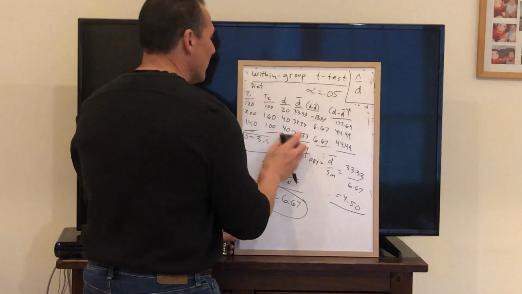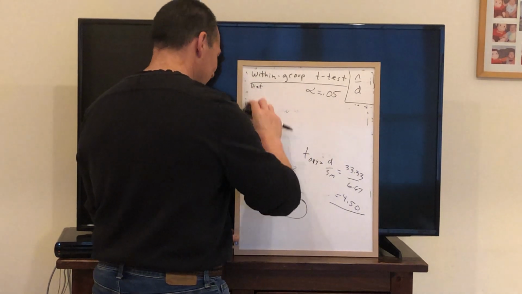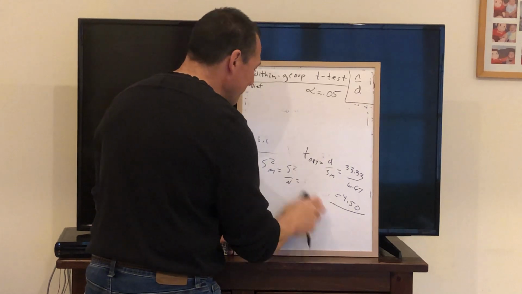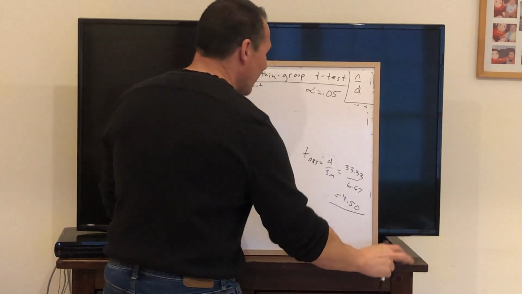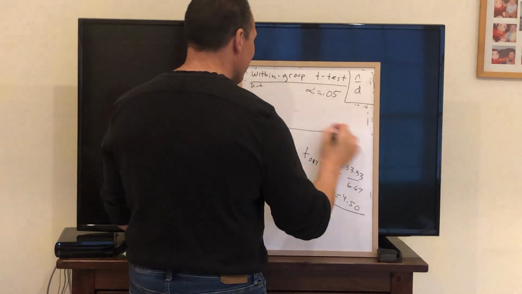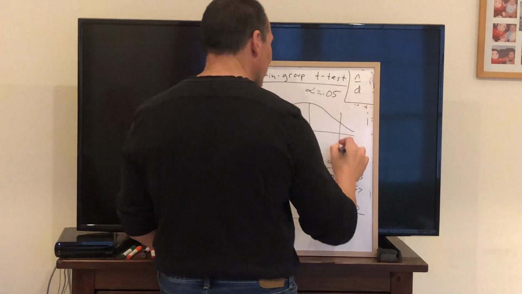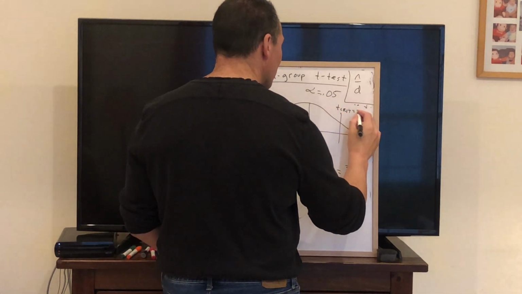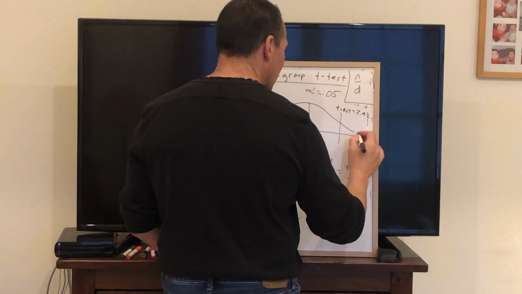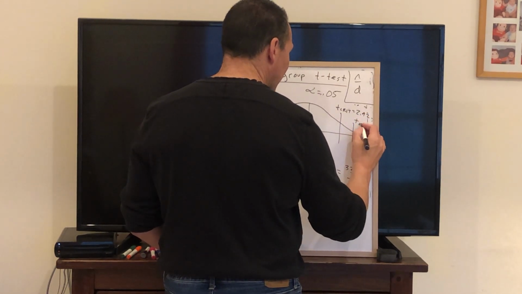Now, let's take a look. I'm going to do a giant erase right here, kids. Hurts me more than it hurts you. And what we have is this t distribution. Remember, t critical is 2.92, and t obtained is 4.5.